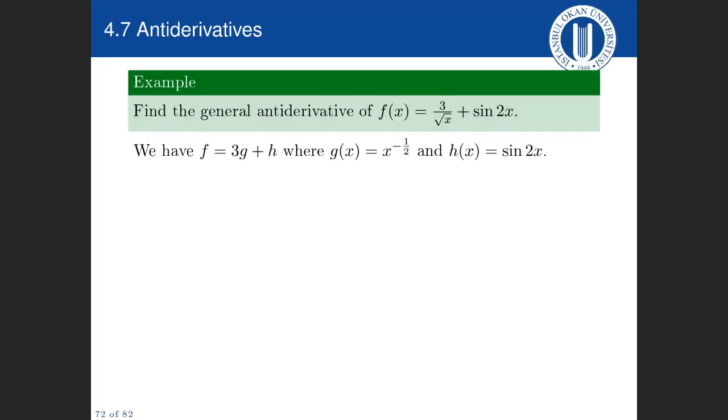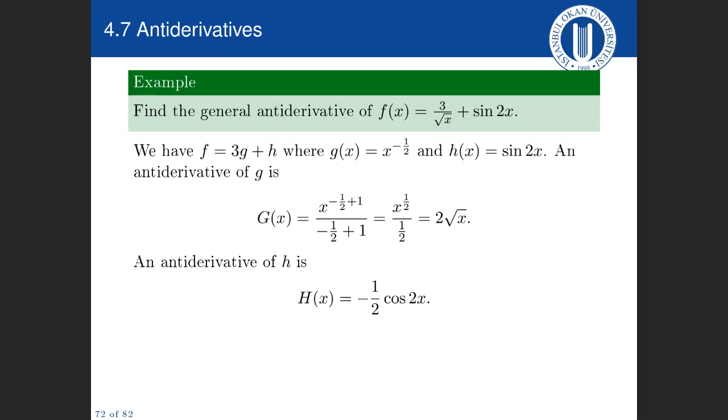For example, find the general antiderivative of 3 over root x plus sine 2x. We have 3 times a function plus a function. Our first function is x to the power minus a half, and we know an antiderivative of that, and our second function is sine 2x. We know an antiderivative of that. An antiderivative of x to the power minus a half is 2 root x.